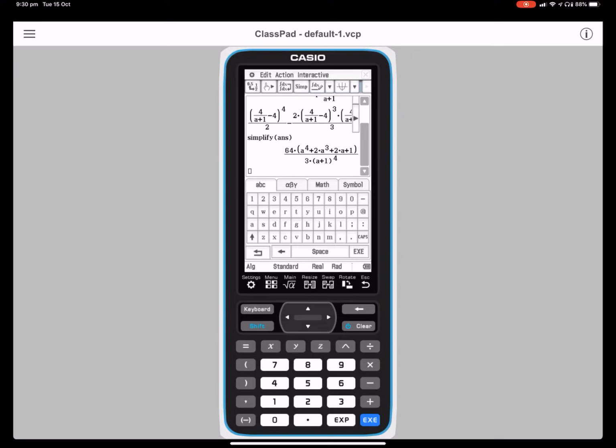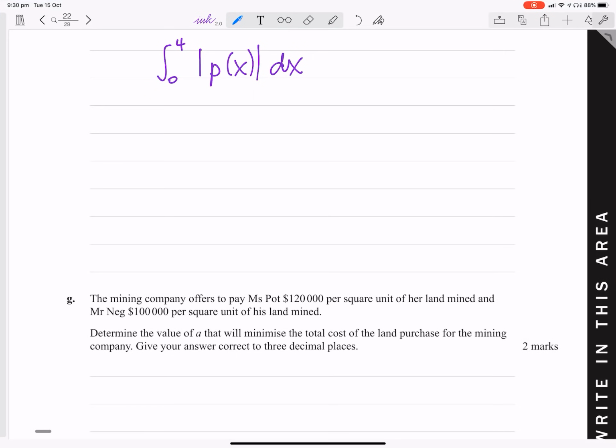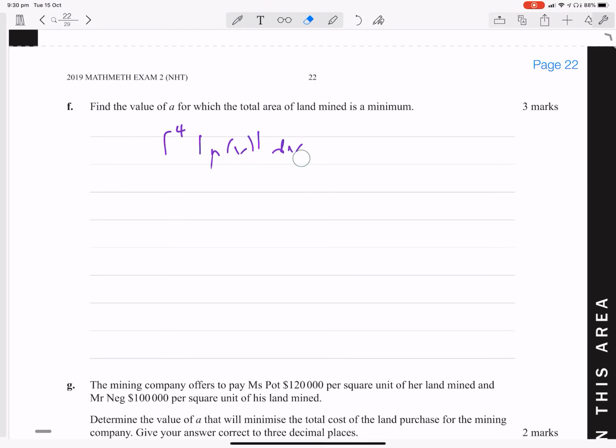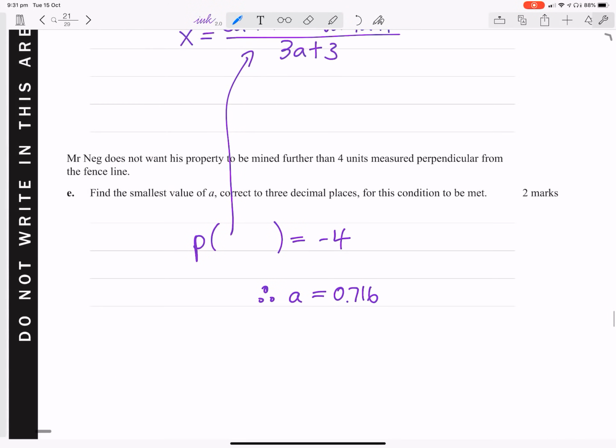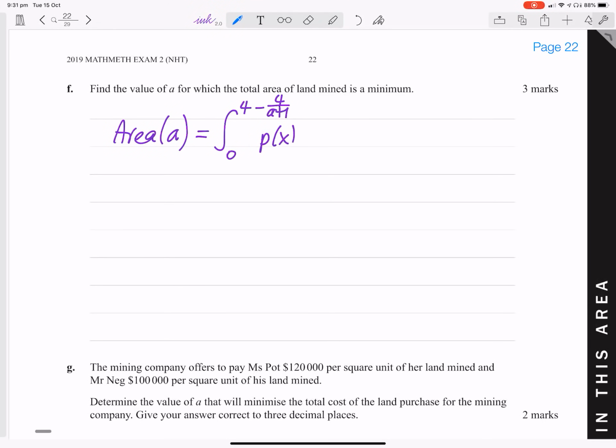So that's our area. Okay, so that doesn't work. So our area in terms of a is from 0 to 4 minus 4 on a plus 1 P of x dx minus 4 minus 4 on a plus 1 to 4 P of x dx.